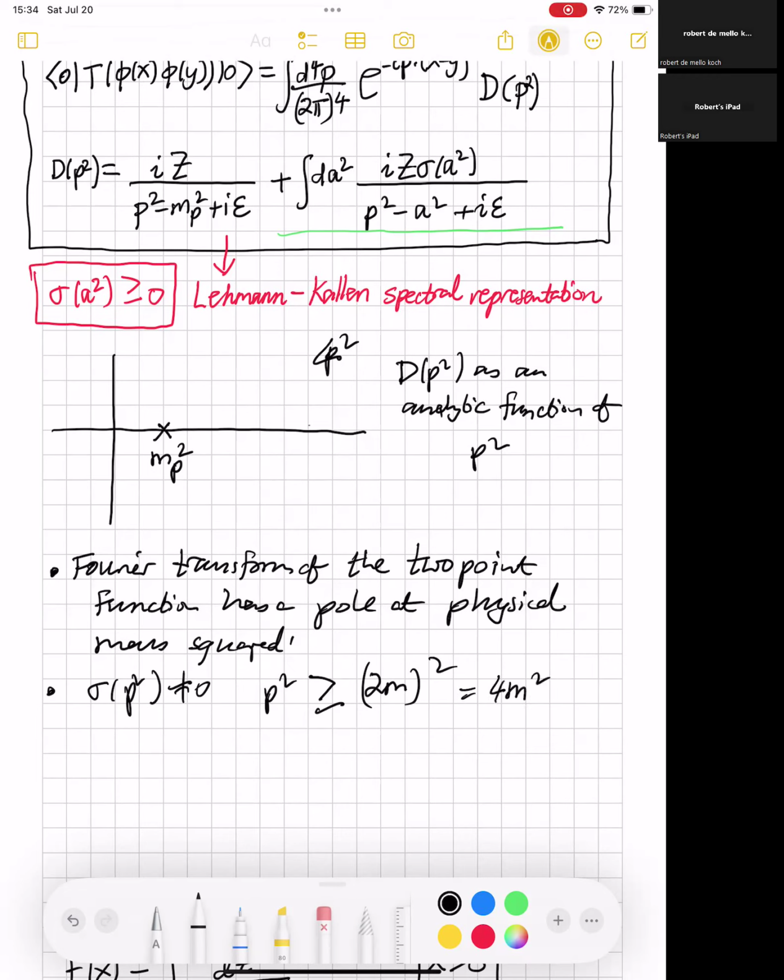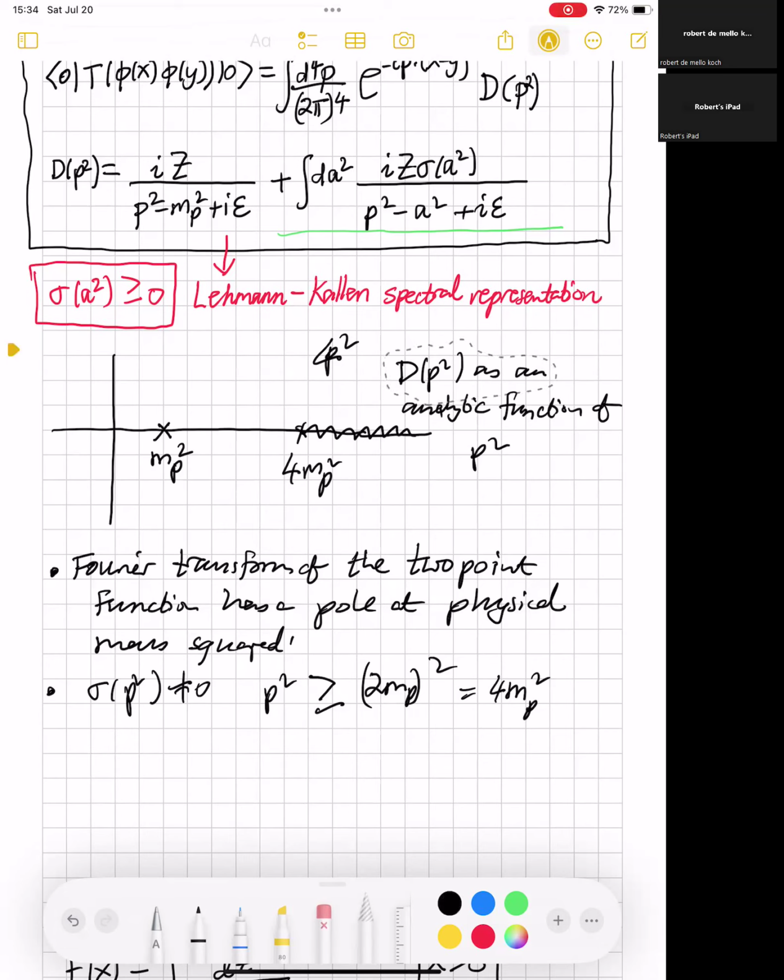So from 4, actually this should be m physical squared. So from 4m_p squared on, sigma of a squared is non-zero, which means the residue of this term is non-zero. So we'll have a cut complex plane. So the d of p squared is no longer single valued.